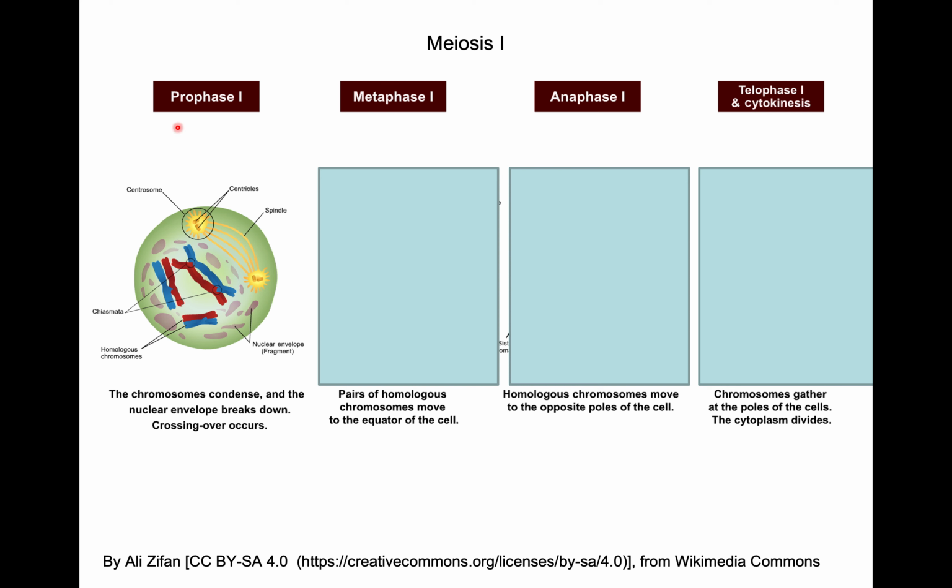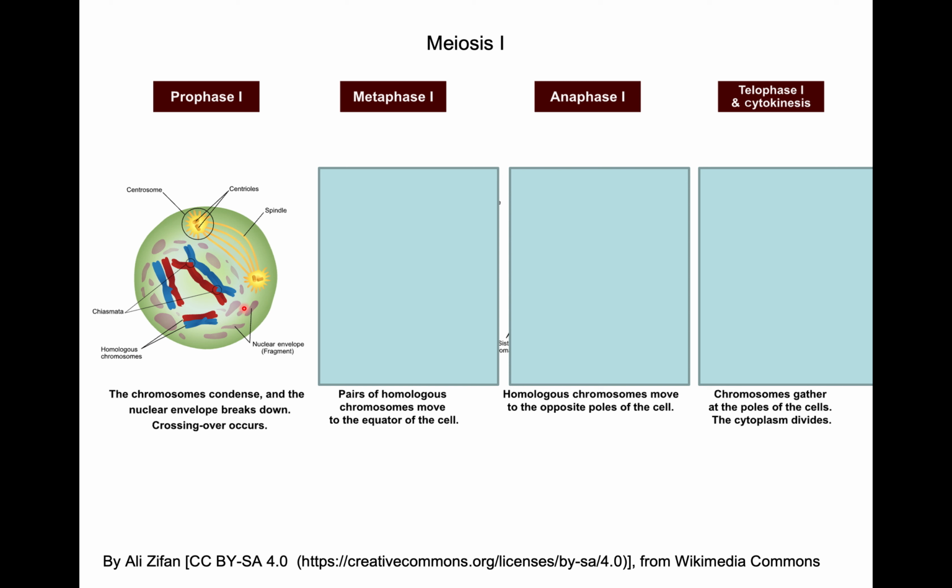In prophase 1, things are different in some ways. Some things are similar. Just like mitosis, the centrioles are going to duplicate. They move to the 2 ends of the cell. The nuclear membrane breaks down. And by the time you see prophase 1, chromosomes have already duplicated and they're condensed.